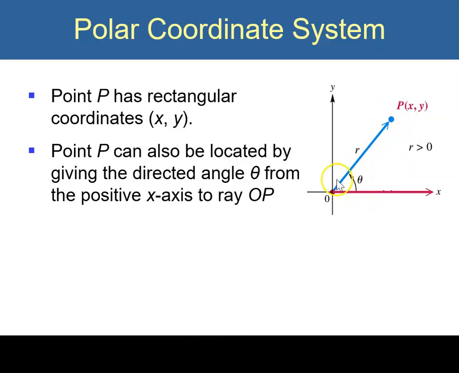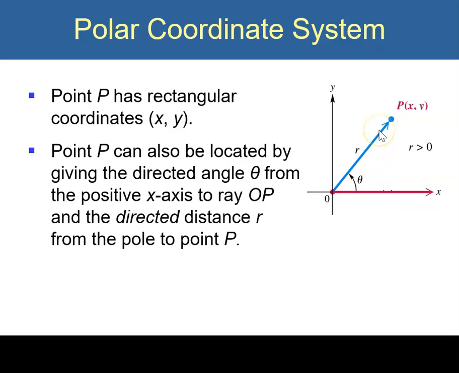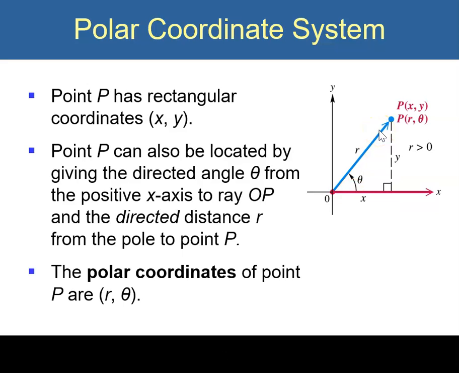So instead of calling it x and y, I'm calling it r theta, right? So r obviously has to be positive, it's greater than 0, and then we just talk about its angle in whichever direction I have to go, right? So this is the polar coordinates, r theta, and this is the exact same point in rectangular coordinates as x, y, right?